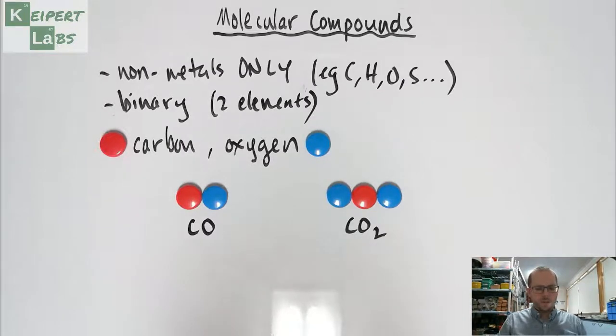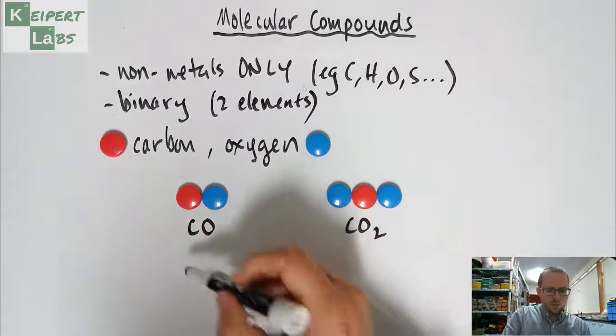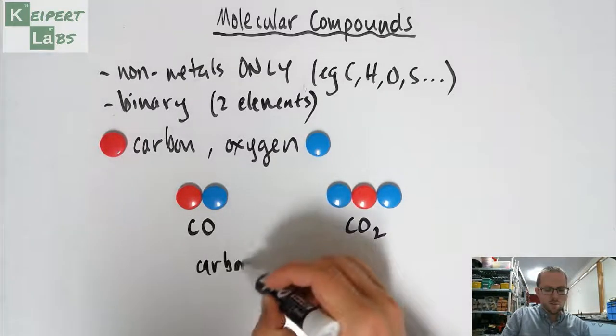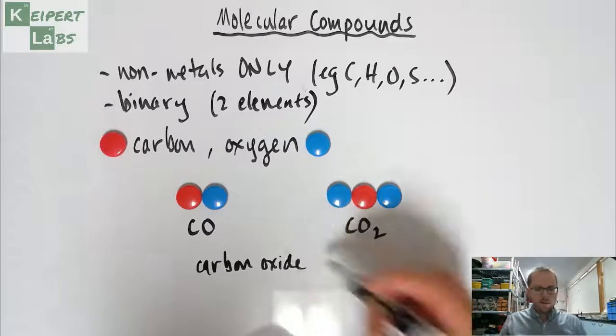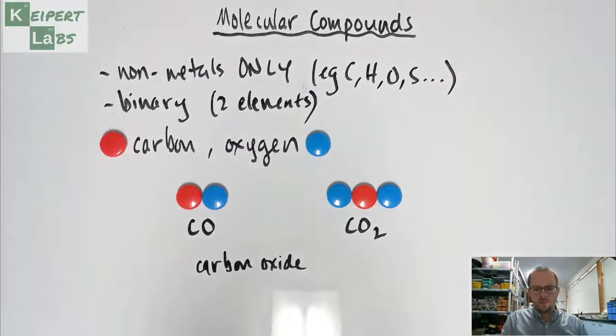But now I'm in a situation where I recognize there are two different things here. If I just said this is carbon oxide, then I'm going to very quickly run into a problem, because now I've got two compounds that I could realistically name that way, but they're not the same thing, and I need them to be clearly different.